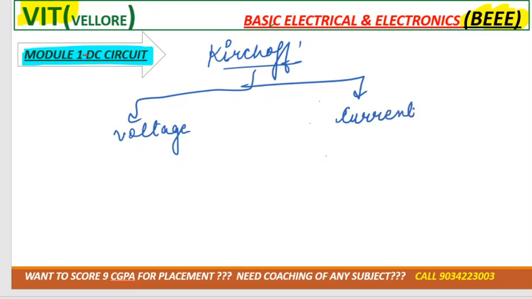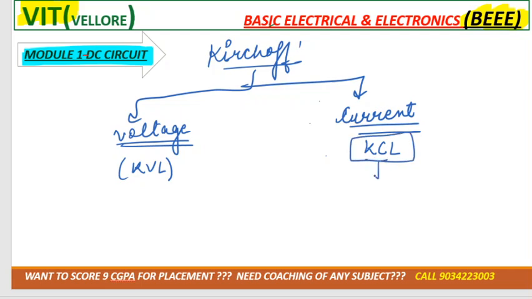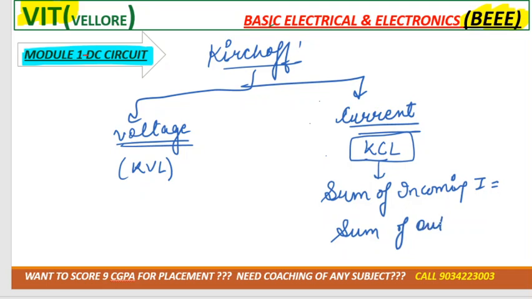The law based on voltage is known as KVL, and the law based on current is known as KCL. What is the statement of KCL? He states that the sum of incoming current is equal to the sum of outgoing current, right?